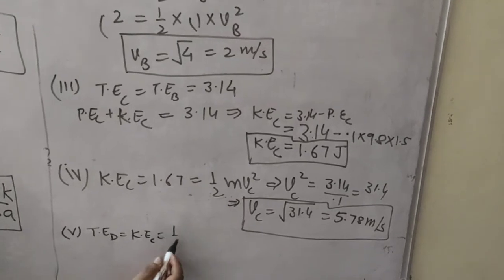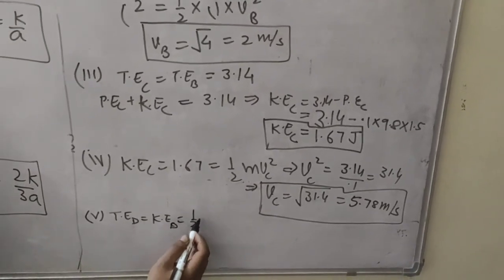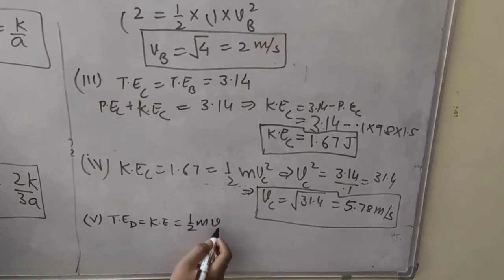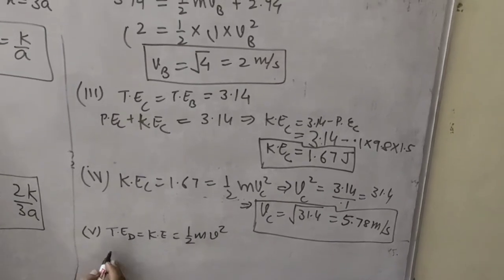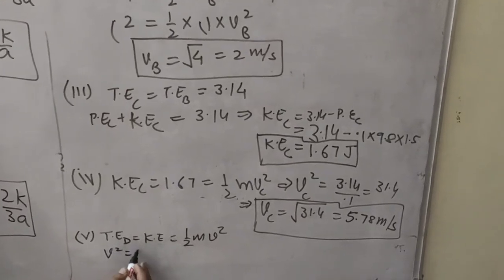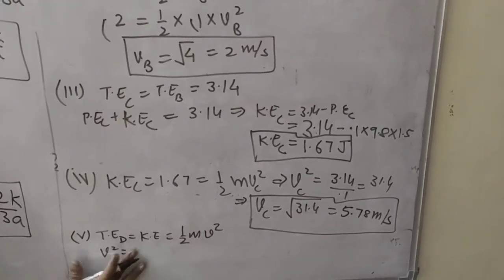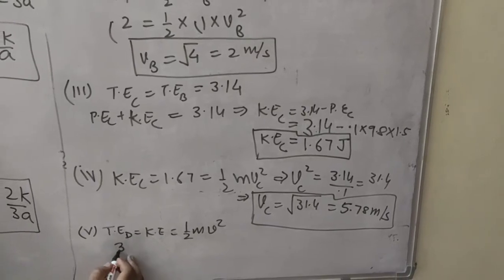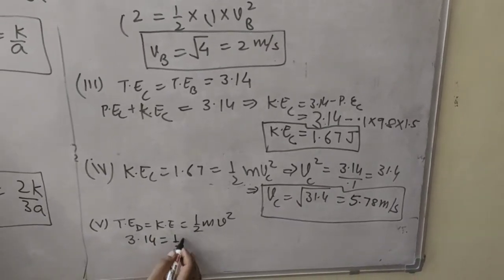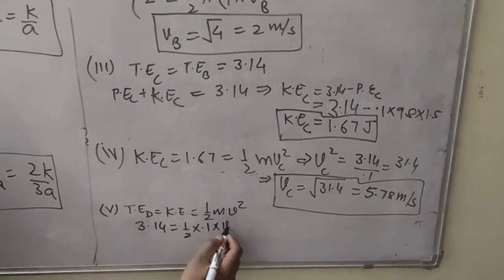Total energy at D is equal to kinetic energy, that is half mv square. So total energy 3.14 is equal to half into 0.1 into v square.